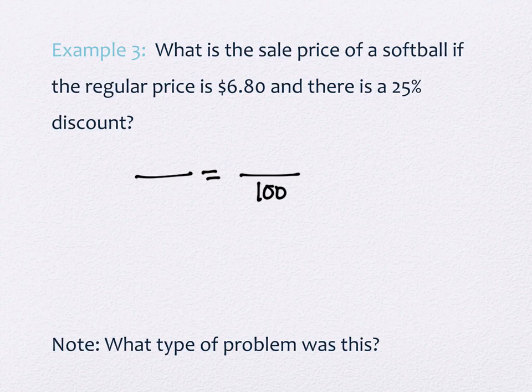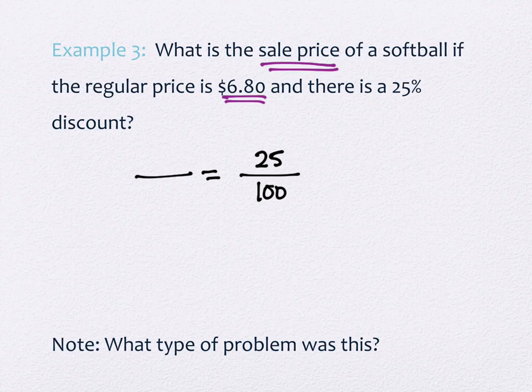Now, I'm going to take the 25 for what it is, and I'm going to put it in. We're going to talk about another option for how we could set this one up in a little bit, but we're just going to put in the 25 for now, okay? Because it's there in the problem, and it seems reasonable to do that. Now, it asks us for the sale price, but it tells us the regular price is $6.80.